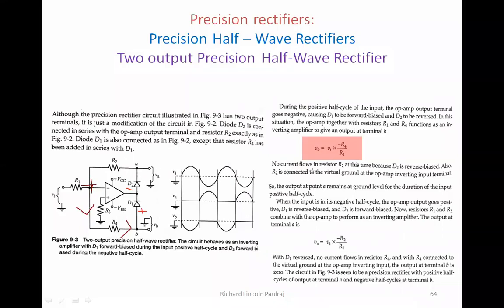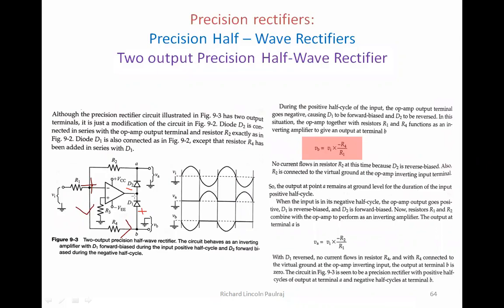So no current flows in resistor R2, and at this time, because D2 is reverse biased, we saw minus here and plus here, at the anode and cathode, right? Also R2 is connected to the virtual ground at the inverting input terminal.